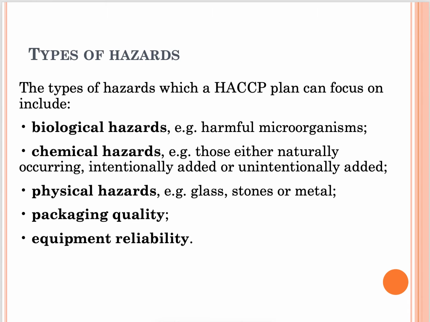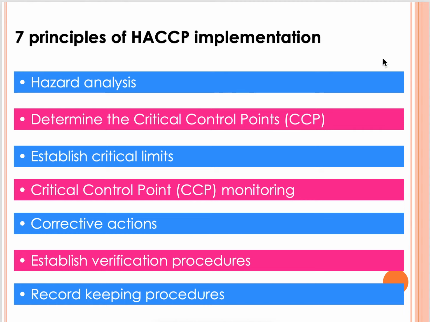Okay, let's get back to the principles of HACCP. Although the details of HACCP vary among different companies, there are 7 principles, and these principles are the same for all industries. These are the 7 principles: hazard analysis, determine the critical control points (CCP), establish critical limits, critical control point monitoring, corrective actions, establish verification procedures, and record keeping procedures.